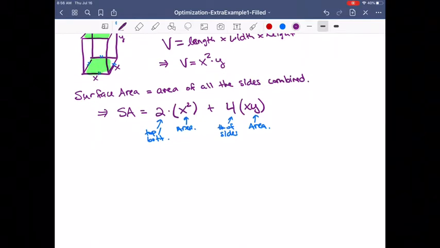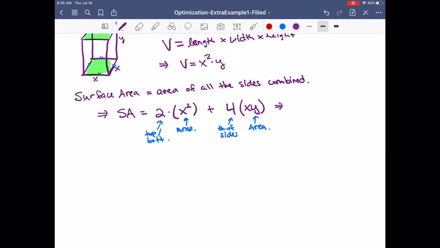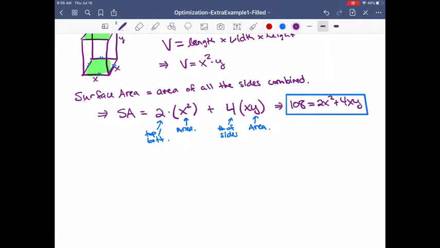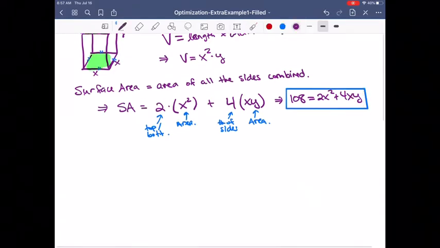And we know the surface area is 108 centimeters squared. So we know that 108 is equal to 2x squared plus 4xy. So this is our constraint. We want to take this and solve for one of the variables. Now, if I look at this equation, I see that there's x squared and x. It's going to be difficult to solve for x. So I think I want to solve this for y and replace y in the volume.